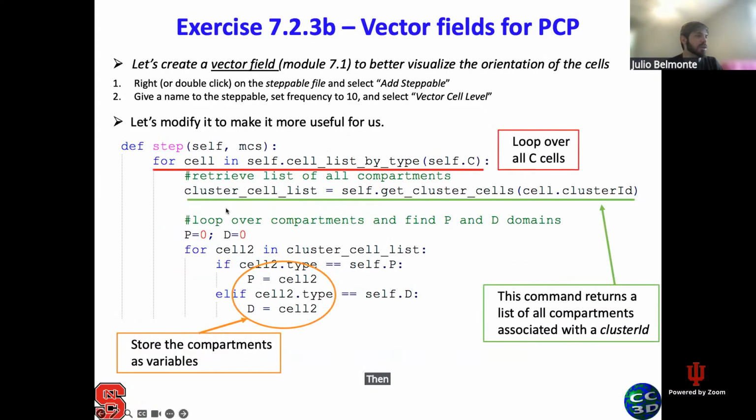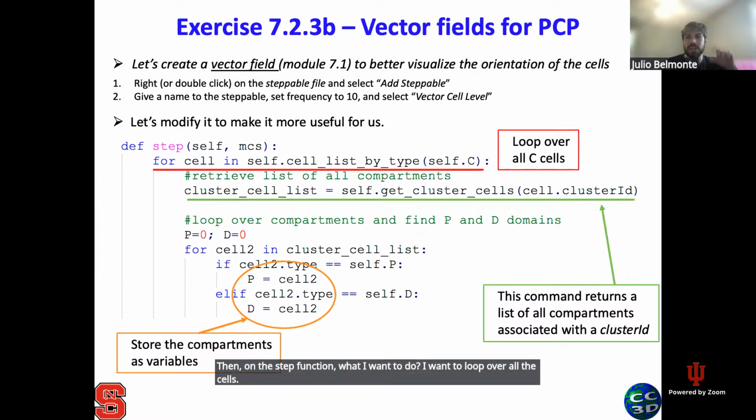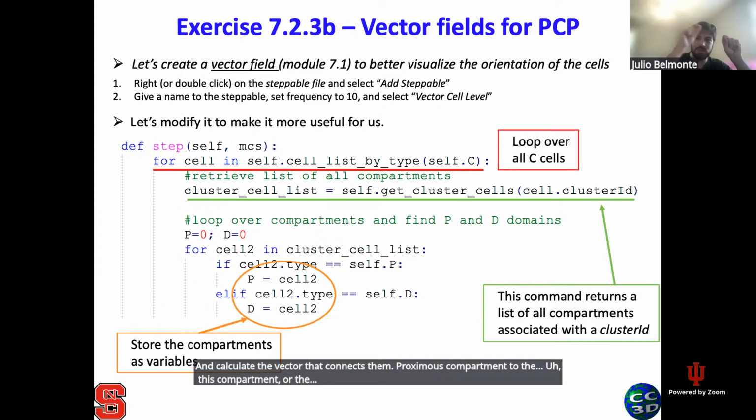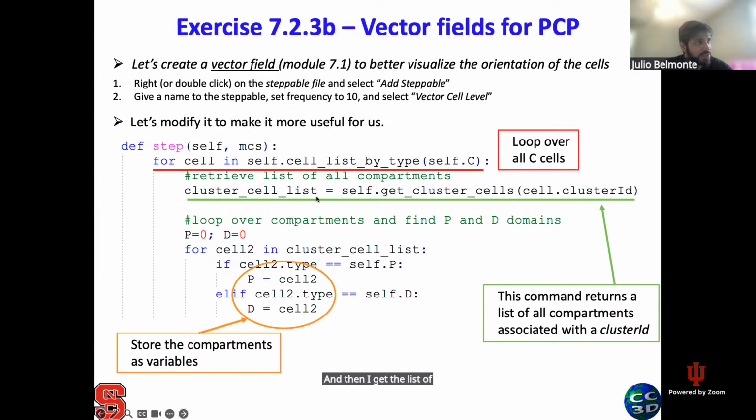Then in the step function, I want to loop over all the cells and calculate the vector that connects the proximal compartment to the distal compartment, or the red to the green compartments. So I loop over all the cytoplasm cells, okay? And then I get the list of all the compartments, okay? So I give the cell cluster ID and I get a list of the compartments that belong to that cluster.